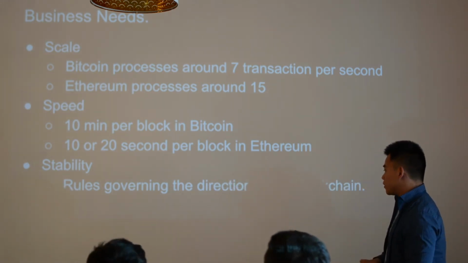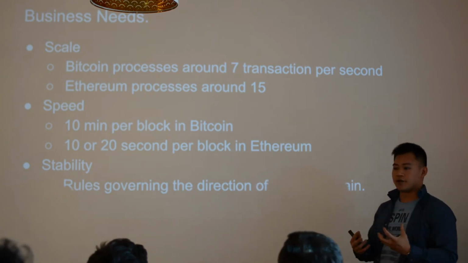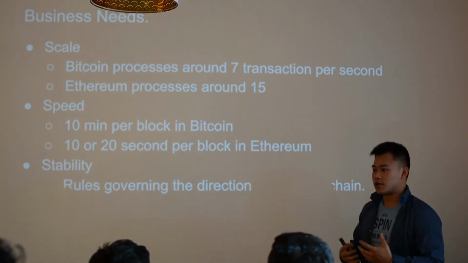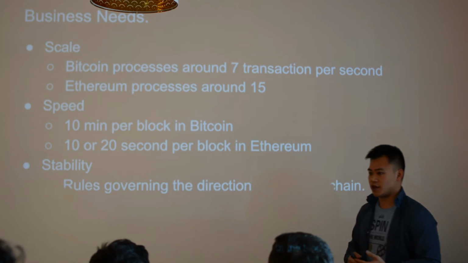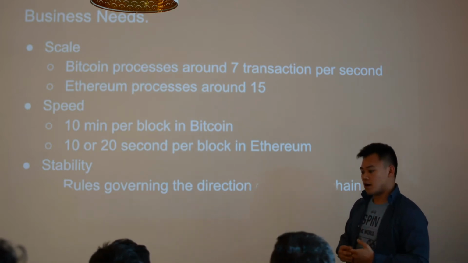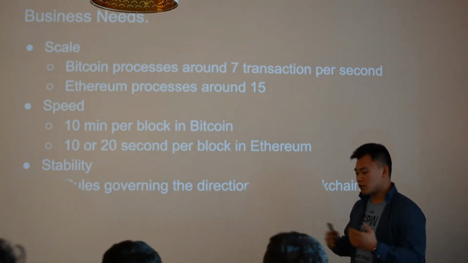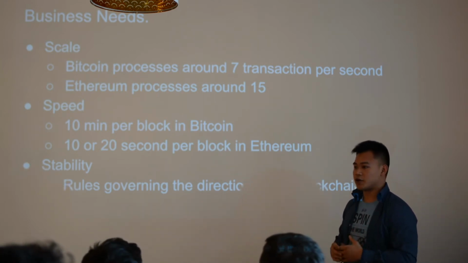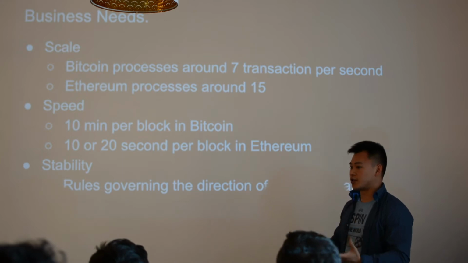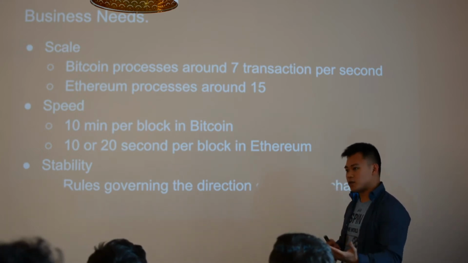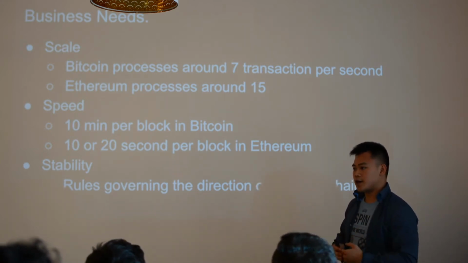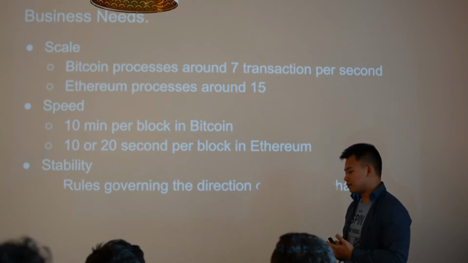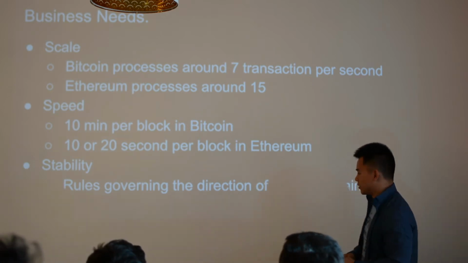And stability. You need some kind of rules governing the direction of the blockchain. In Bitcoin and Ethereum, this is very much an ad hoc kind of thing. In Bitcoin, it's the miners who have the most hashing power. They kind of dictate whether or not they want to update the software, which decisions they like. There's always a fight between the developers and the miners, and it's not a very pleasant process, to put it mildly.